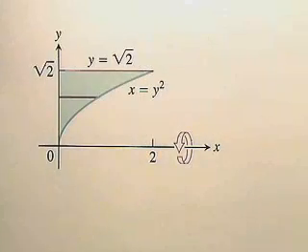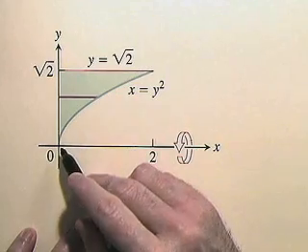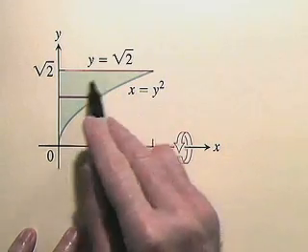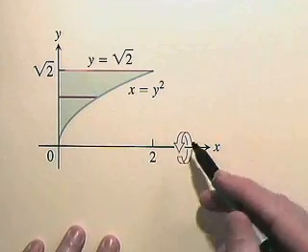All right, let's look at an application of the shell formula for revolving around a horizontal axis. Here in this problem, I've got the region between the horizontal line y equals square root 2 and the curve x equals y squared. So here's the region, and I want to revolve it about the x-axis.